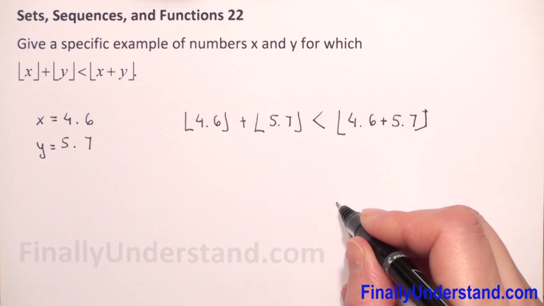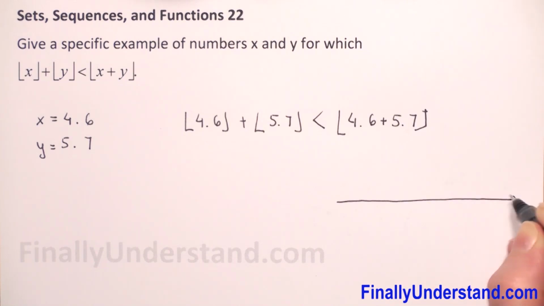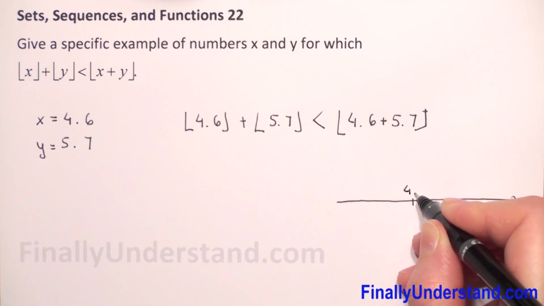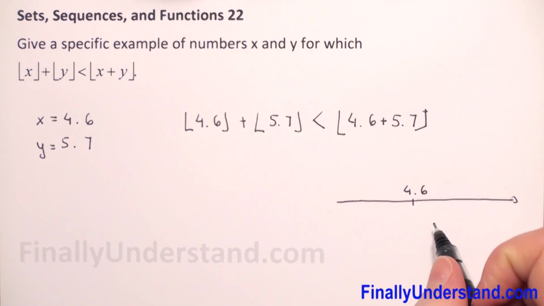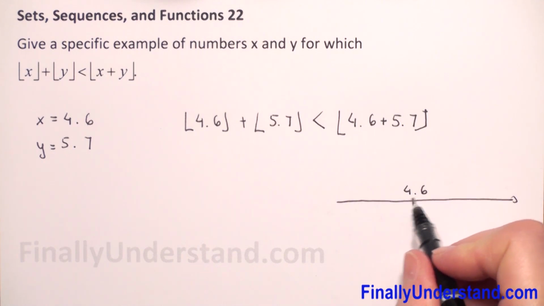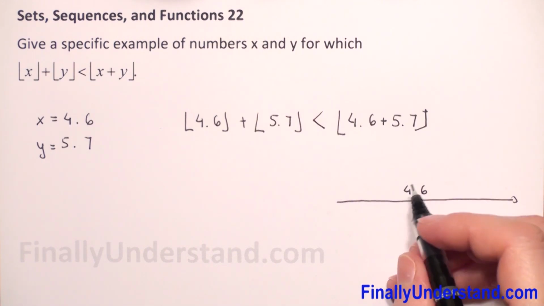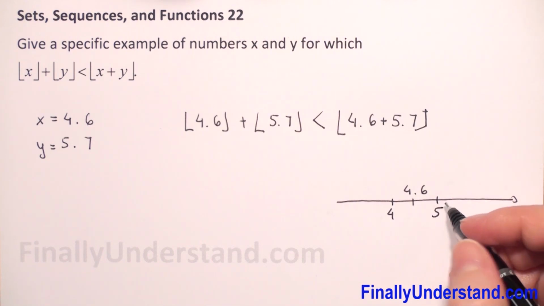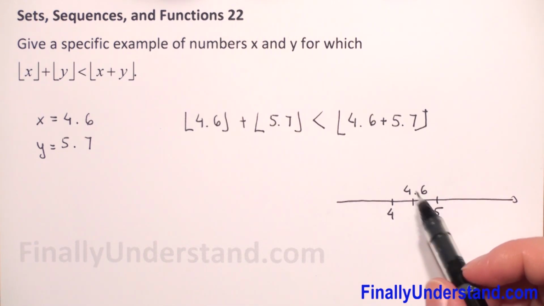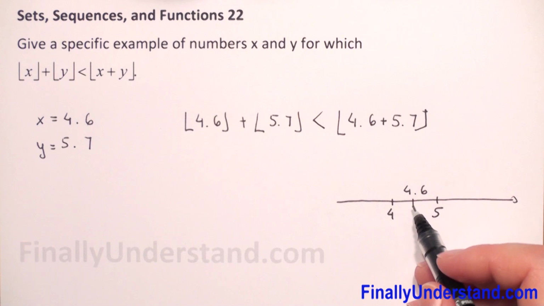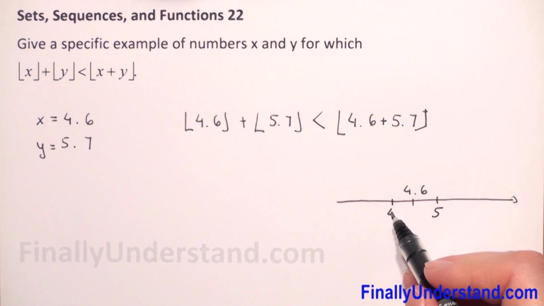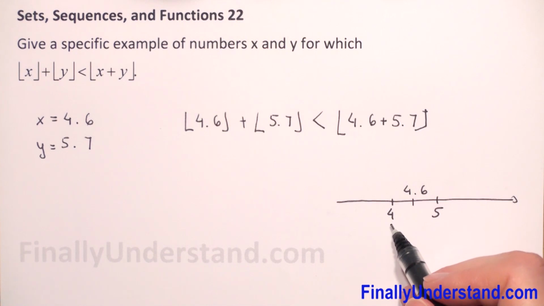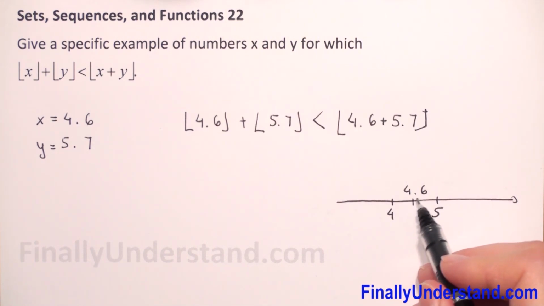So let me draw number line. We have 4.6. Next we have to find between which integers is this number, is between 4 and 5. And now when we have to find the floor, we are looking always to the left side. On the left side, the first integer is 4. This is the largest integer less than this number.